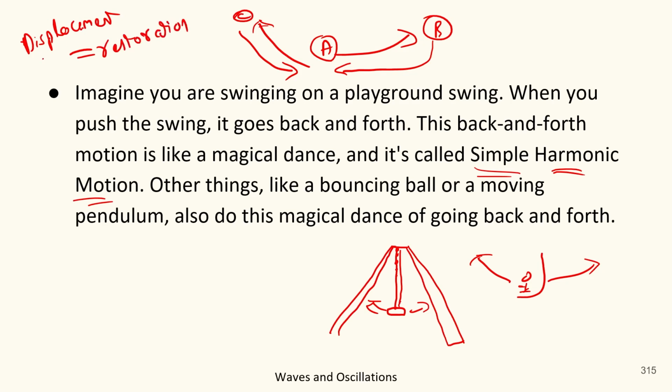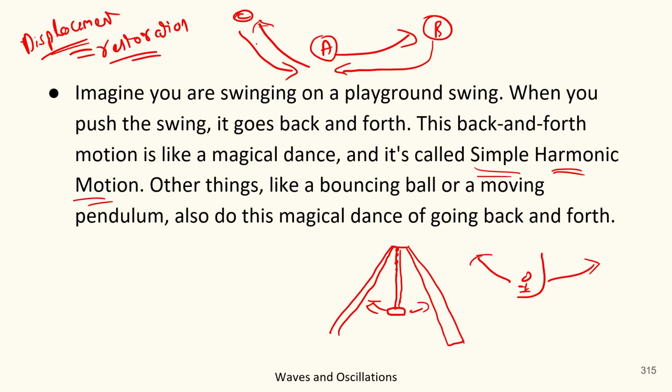Simply means the force you applied to go to B will be equal to the force required to come from B to A. Similarly, the force required to go from A to C will be equal to the force required to come to A from C.